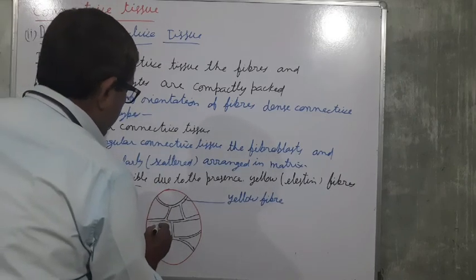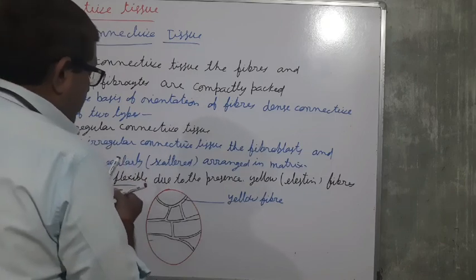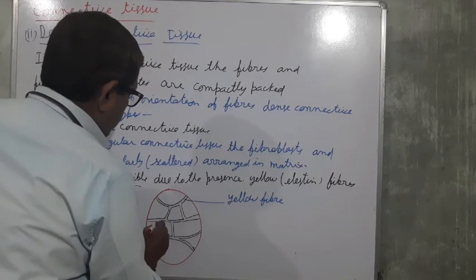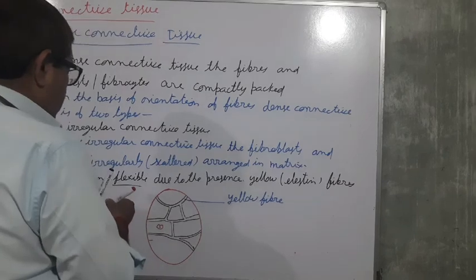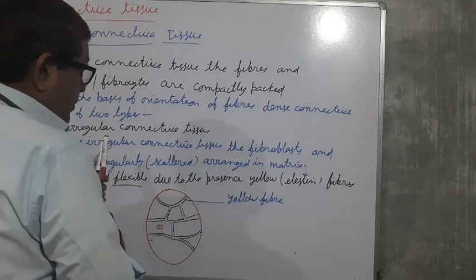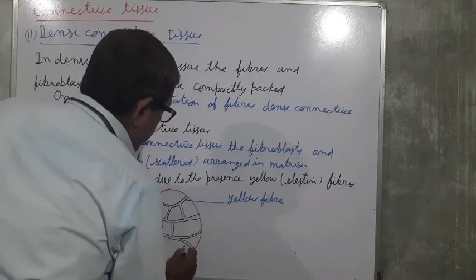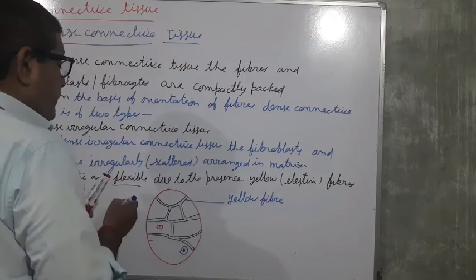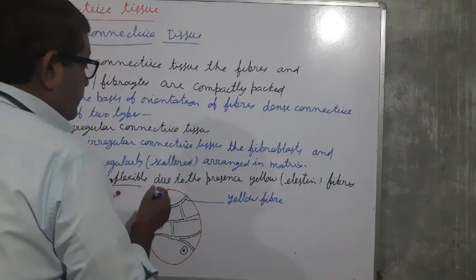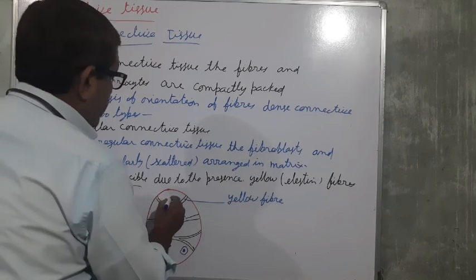First we can draw the diagram of the fibroblast cells. This is the fibroblast cell, and also mast cell. Mast cell is also present here, and white fibers are also present.